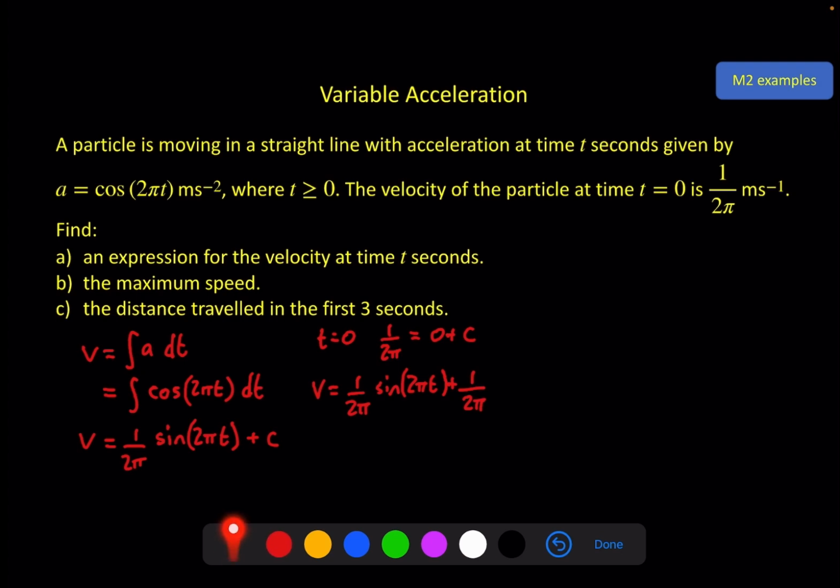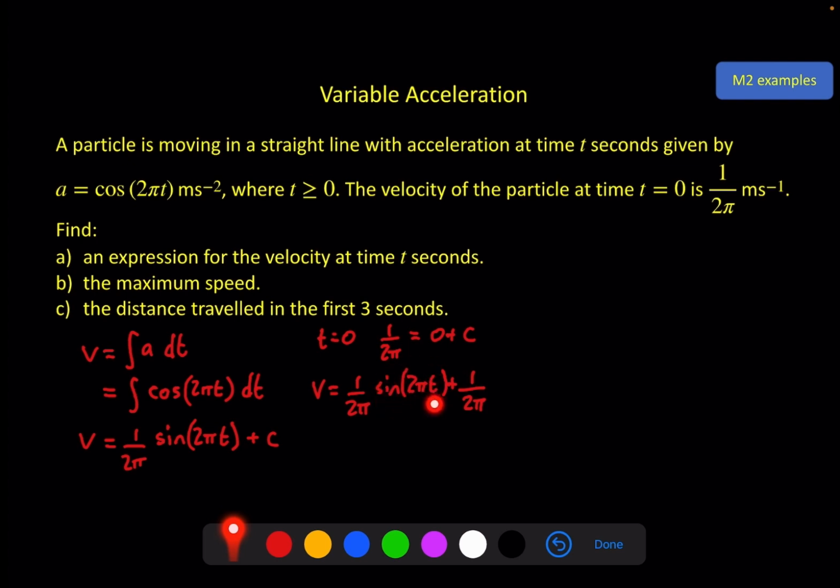Now we need to find the maximum speed. To find the maximum speed here, I might do something you're not expecting. Usually I would differentiate, set it equal to 0. We don't need to differentiate, we've already got it here. So you could set this equal to 0, find the time, put it in here. But because this is a sine function, and I'm just trying to maximize this, I know that the maximum is going to happen when the sine has its maximum value of 1.